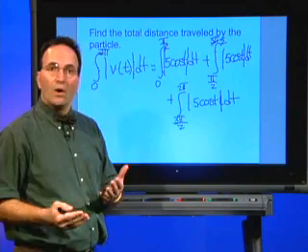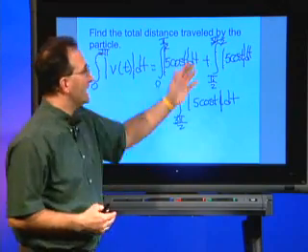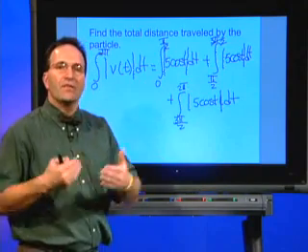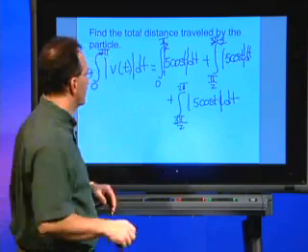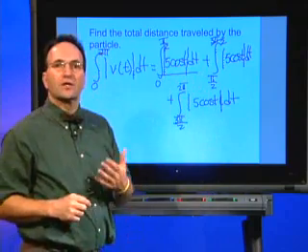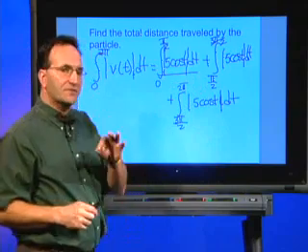Okay, so now what we have to do is anti-differentiate each one of those integrals, and we'll come up with 3 pieces that we then add together to get our total distance. So let's look at this one. Of course, the integral of 5 cosine t is 5 sine t.